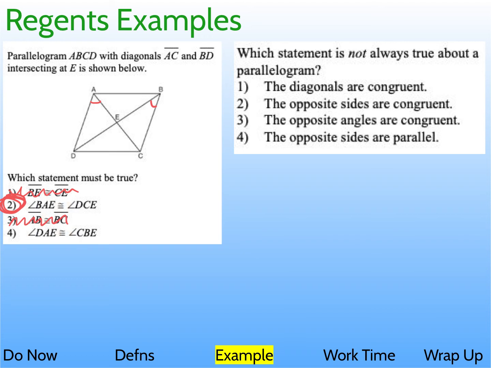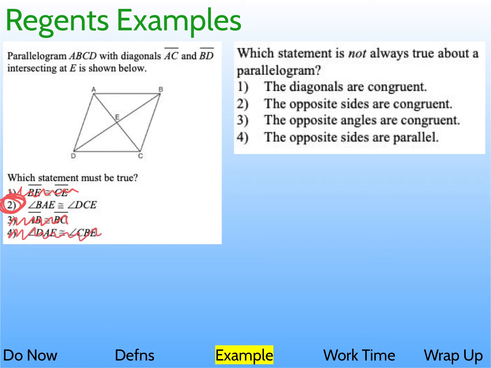Now it's almost sort of thinking maybe an alternate interior thing, but it's just the wrong transversal on this. So with that transversal, we got this angle, but on that transversal, we get this angle. So we don't know enough about those to say that that's a true statement either.